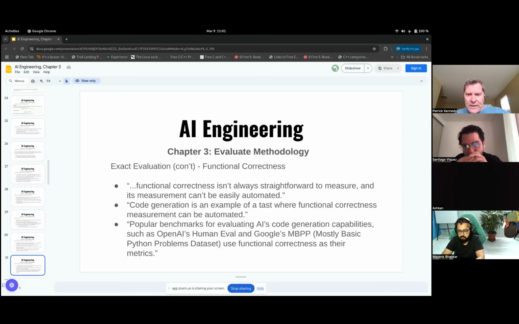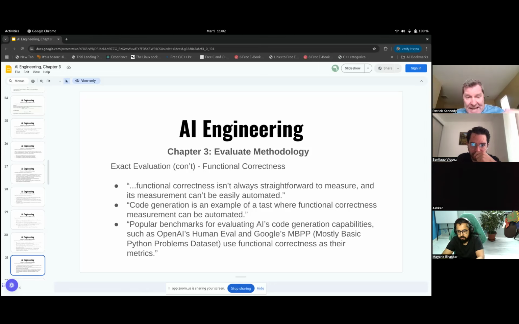So functional correctness isn't always straightforward to measure, and its measurement can't be easily automated. But sometimes it can be automated, which we'll see in a moment. Code generation is an example of a task where functional correctness measurement can be automated.